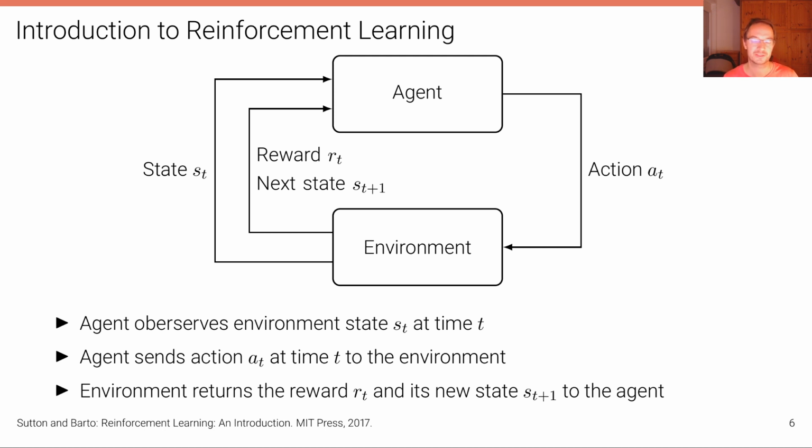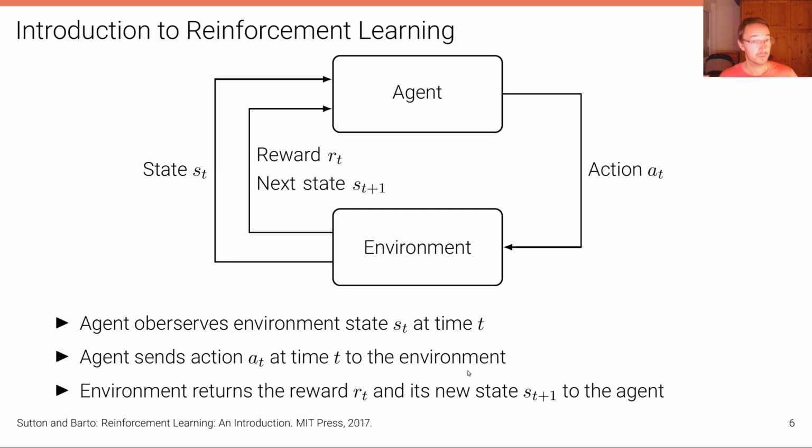You produced a crash, it wasn't good. So the environment returns the reward, it judges the action a_t, and that's what we call r_t. It's just a simple number and can be either positive or negative. And the agent wants to maximize the reward, to have as much reward as possible and minimize the negative reward.